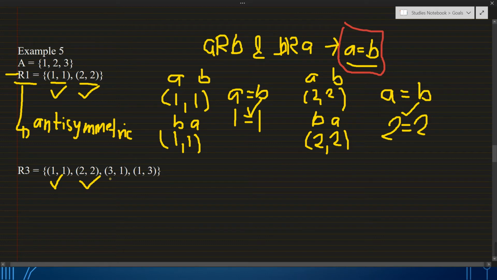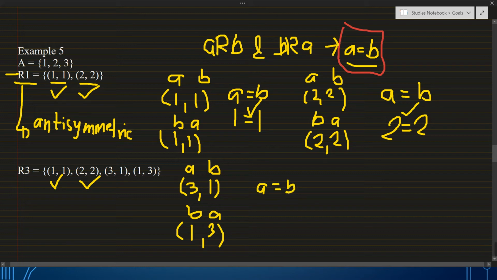Let's look here again. (3, 1) is A, B, so 3 relates 1, so we look at B relates A, which is (1, 3). We already found A relates B and B relates A, so we must prove A equals B. Is 3 equal to 1?